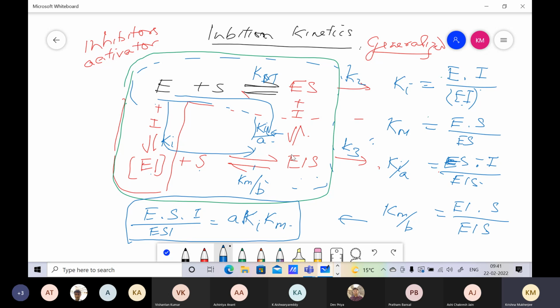So for circular reactions, this is something I want you to think about: certain variables are not four independent variables. That is all that I'm trying to tell you.